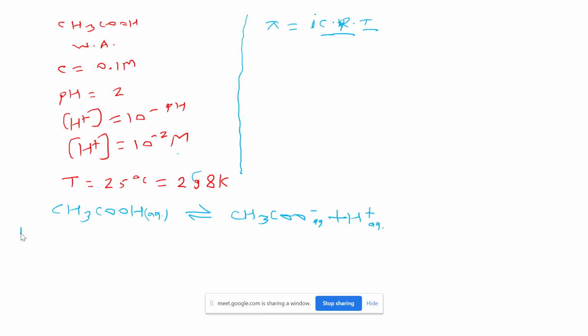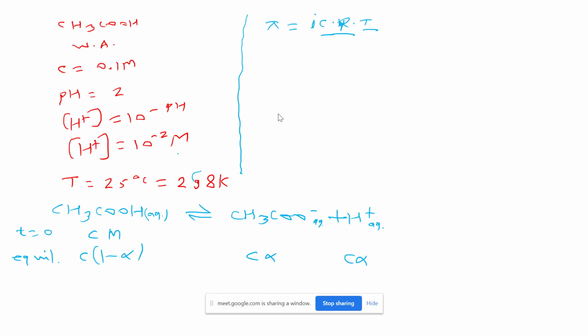Now if we take the initial concentration of this as C moles per liter, then at equilibrium, out of 1 mole the moles reacted is known as alpha, so out of C moles, the moles reacted is C alpha. So this is C alpha, and C alpha concentration for H plus ion. These are the equilibrium concentrations for acetate ion, H plus ion, and the remaining undissociated acetic acid.